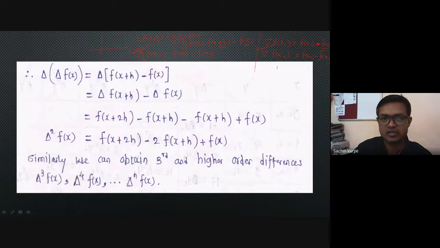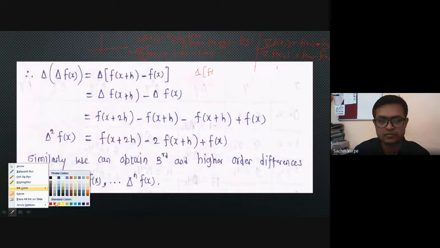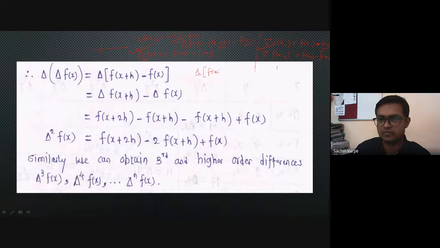ठीक है, so here the second order forward difference operator will be like this: delta of delta f of x will be equal to delta of what is delta?